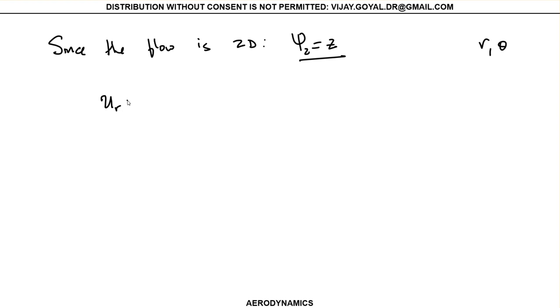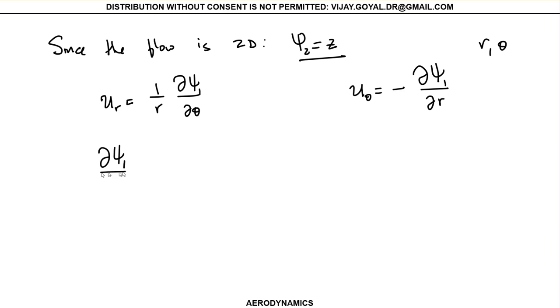So what I can do is use u_r equals 1 over r partial of psi with respect to theta, and I also know u theta is equal to minus partial of psi with respect to r, and you can go to your lecture notes and find that. So partial of psi with respect to theta is going to be r sine of theta.